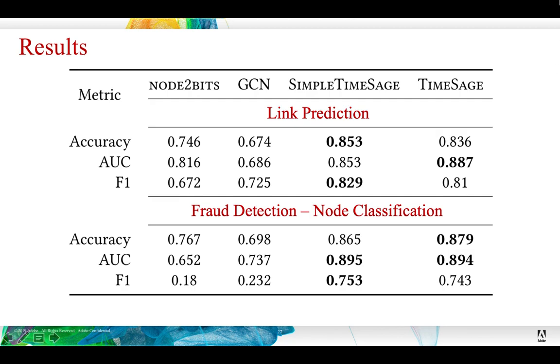One important thing here is that for the link prediction task, even Simple TimeSage outperforms the proposed TimeSage. This highlights the fact that for link prediction, the recency of a transaction is more important for predicting the next link.